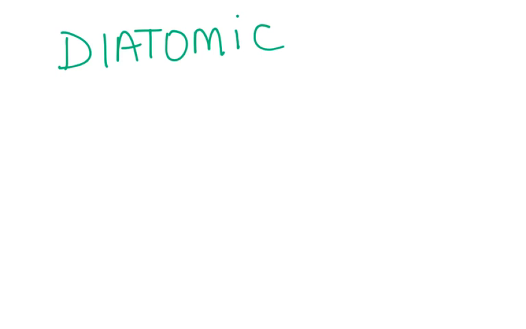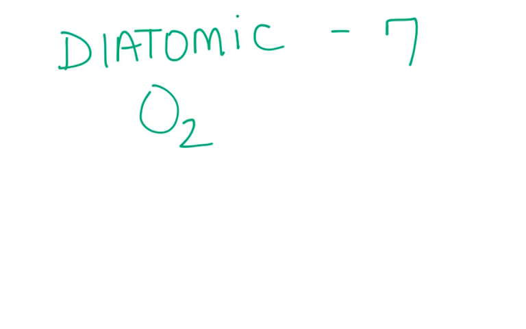The other thing we see with covalent bonding is diatomic molecules. We talked about diatomics earlier in the year. That's two of the same atom that are always joined together. There are actually 7 elements on the periodic table that will always form diatomics. You will never see them by themselves. They'll either be bound to themselves as a diatomic or they'll be bound to something else.